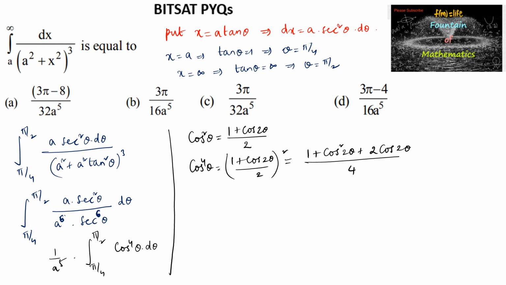We can also simplify 1 plus cos square 2 theta: cos square 2 theta is equal to (1 plus cos 2 times 2 theta, that is cos 4 theta) divided by 2, plus 2 cos 2 theta, the whole divided by 4.